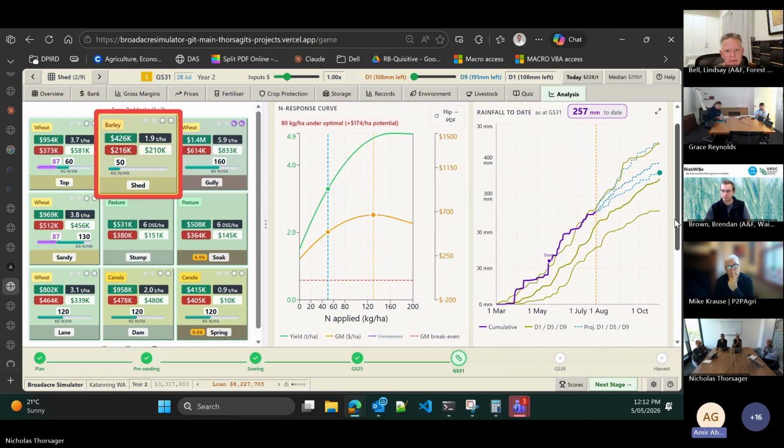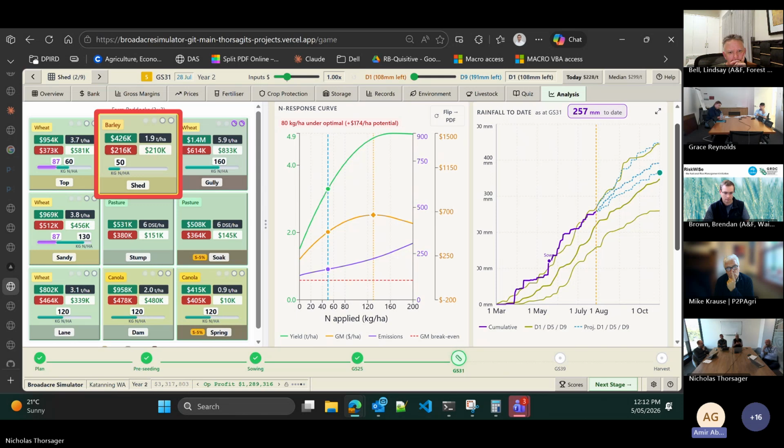So we'll put on our emissions now as well. Yep. And this one shows an inverse relationship, the opposite relationship, between maximizing your profit or your yield with nitrogen and your emissions.